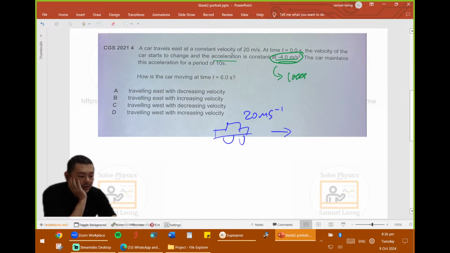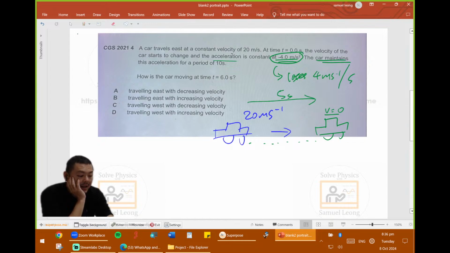It loses 4 meters per second. Good, right? So how long would it take to stop? 5 seconds. Good, right? 5 seconds and it'll stop.